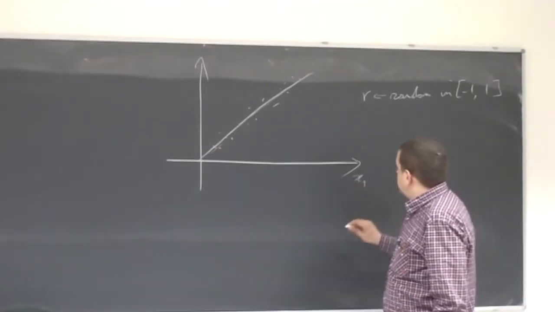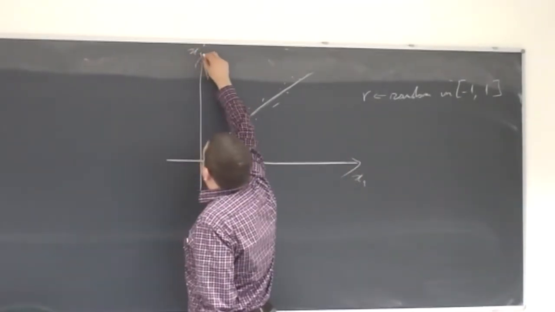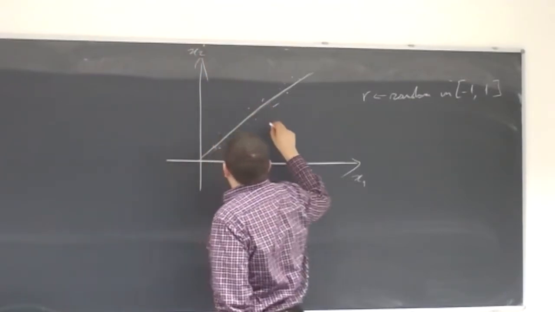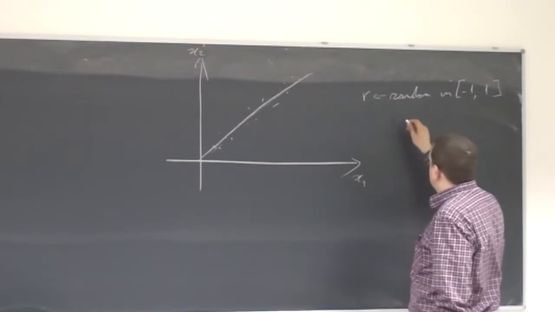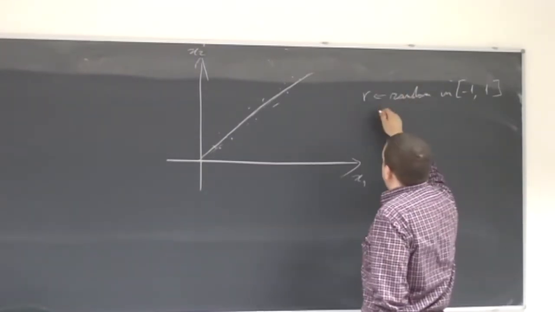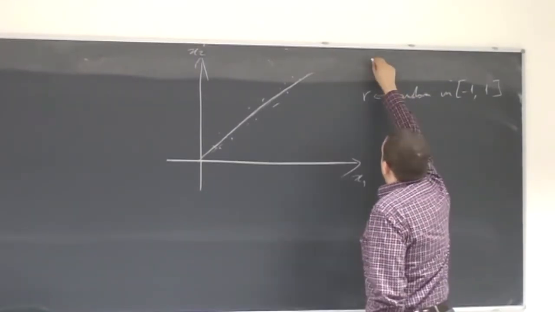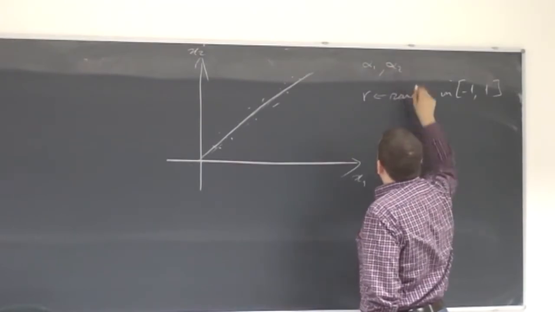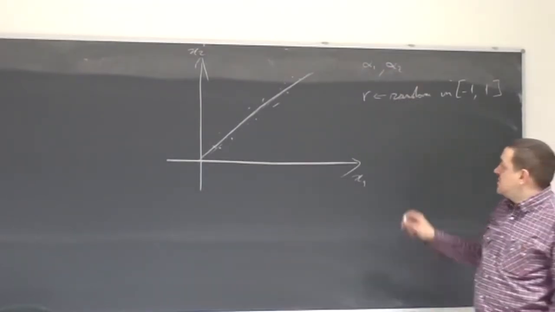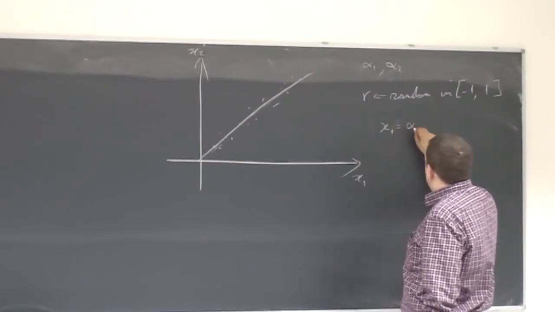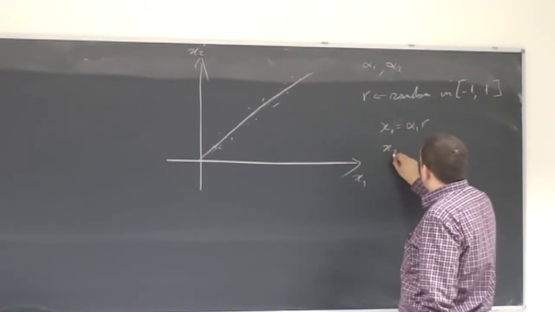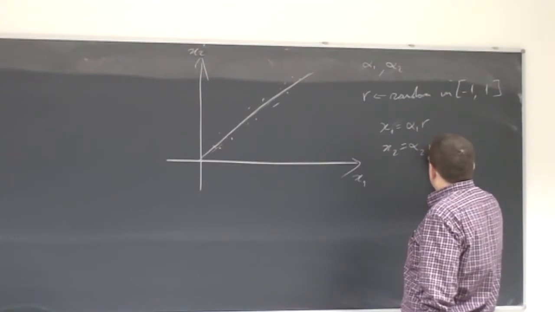Then, to create the 2 coordinates, let's call them x1 and x2 of that point, you just need the 2 coefficients, call them alpha 1 and alpha 2, so that x1 is equal to alpha 1 r and x2 is equal to alpha 2 r.